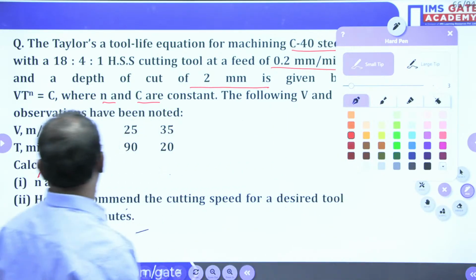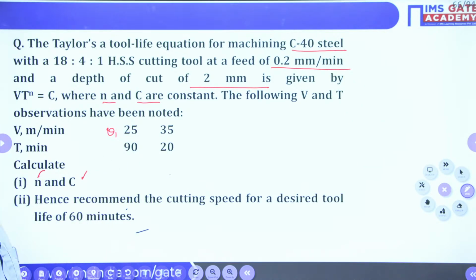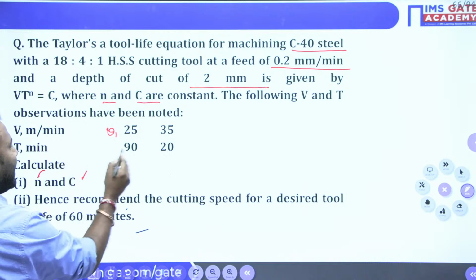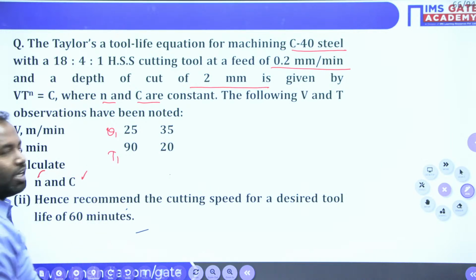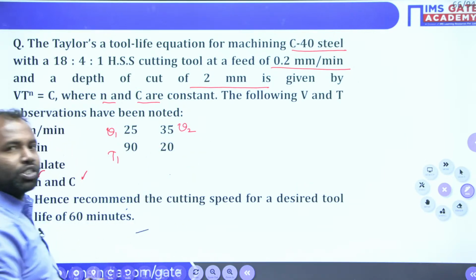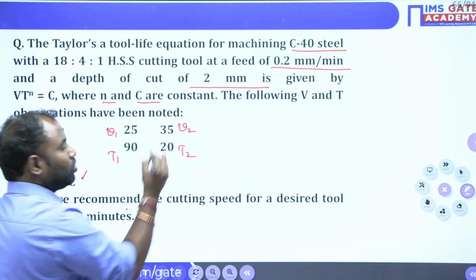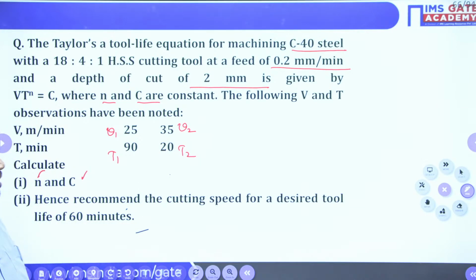Right. Now, if my cutting speed V1 is 25 meters per minute, then my tool life T1 is 90 minutes. If my cutting speed V2 is 35 meters per minute, then my tool life is going to be 20 minutes. Now, I have to find N and also C.